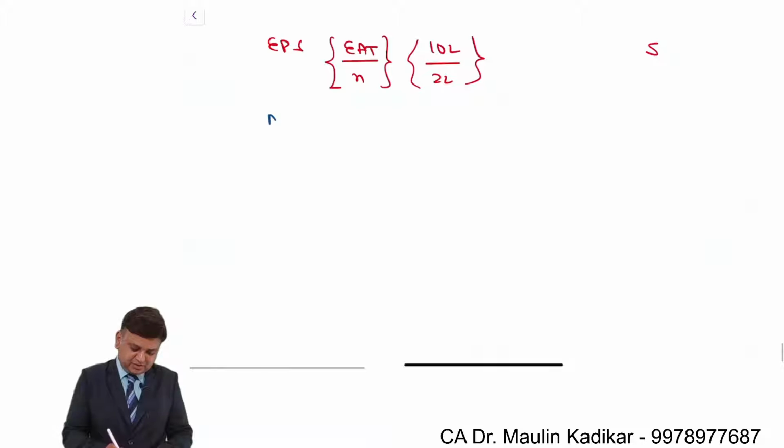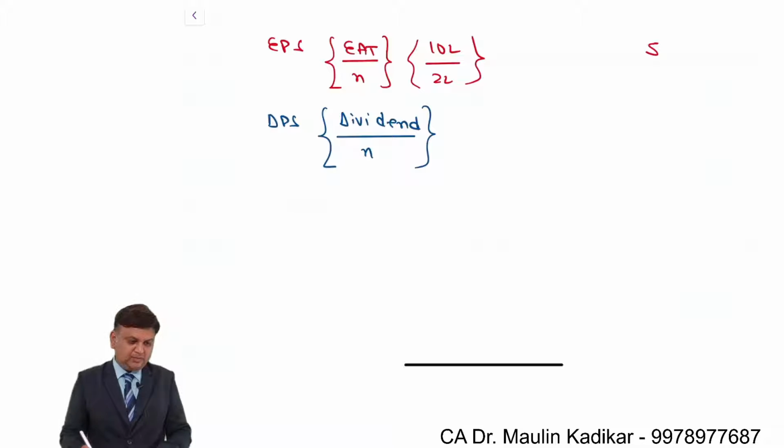Next is the dividend per share. It is dividend divided by number of shares. Amount of the dividend is 6 lakhs, divided by number of shares, 2 lakhs. So dividend per share is 3.